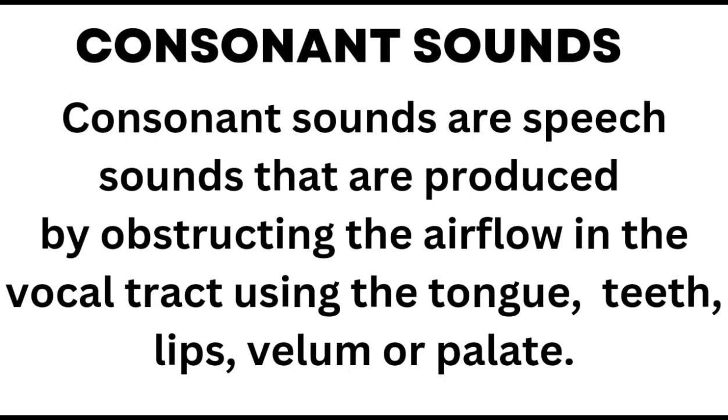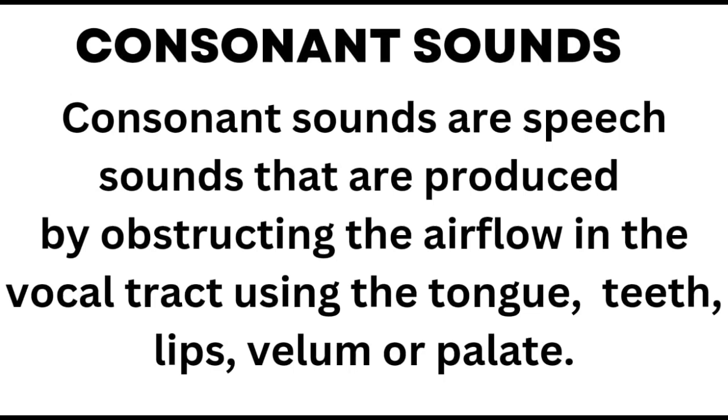Whenever there is some level of obstruction in the airflow, any sound we produce at that time is going to be a consonant sound. So, consonant sound production is characterized by obstruction of airflow.